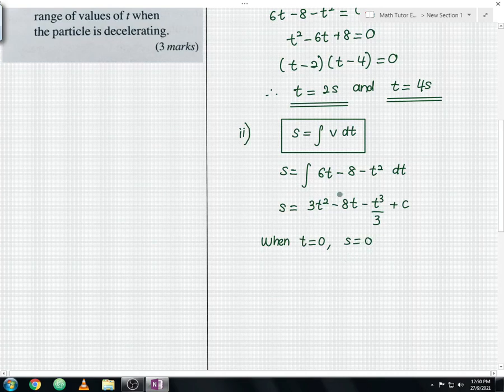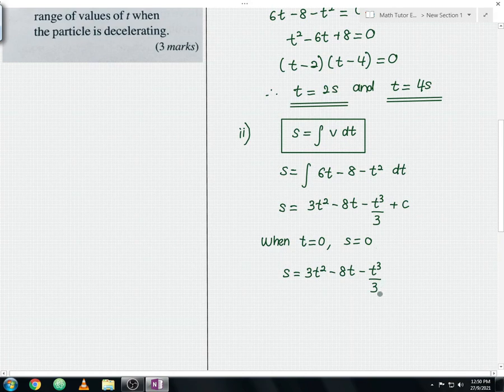Okay, so you substitute in, and indirectly you get your C also equals to 0. So therefore your S from here will be equals to 3t square minus 8t minus t cube over 3. Okay, so this is your step number 1.